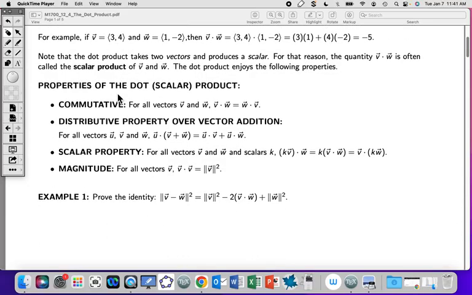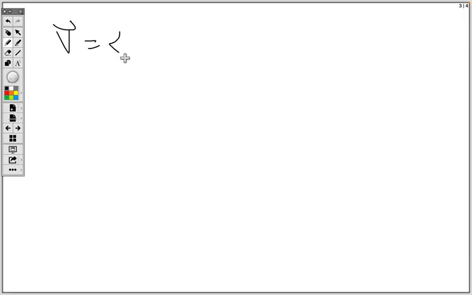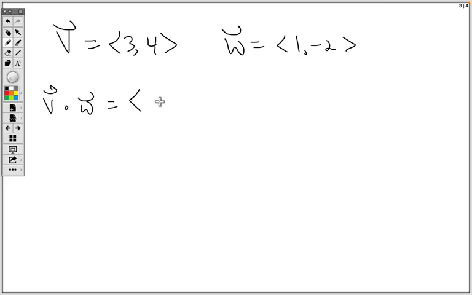So for example, we'll take the two vectors we've been working with here, 3, 4 and 1, negative 2. So if I take the vector v, 3, 4, and the vector w, 1, negative 2, and I calculate v dot w, that's 3, 4 dot 1, negative 2.